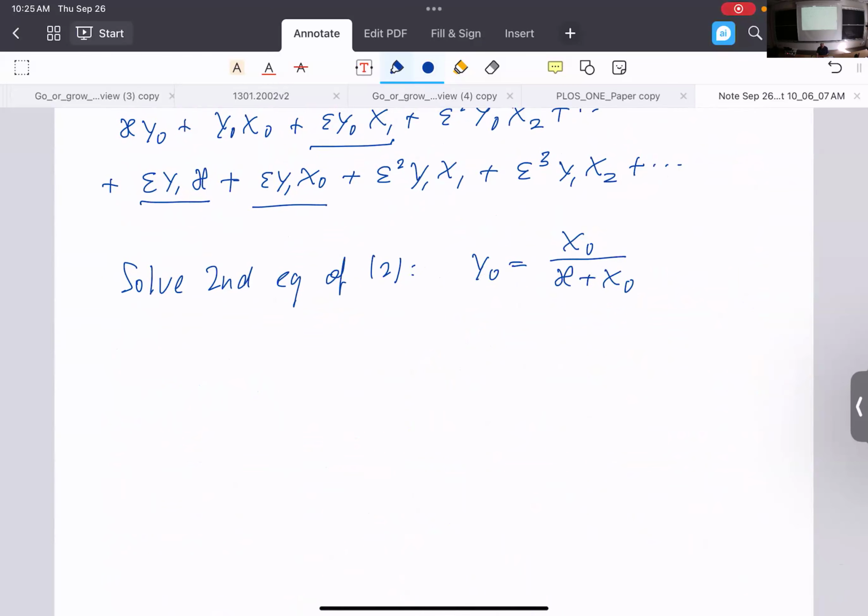Again, remember y0, x0 are still functions of time, okay? They're not just numbers, they're functions, but we have a fixed relation between those two functions. So this means x0 and y0, now let's write this as function of tau, okay, lie on a manifold in phase space.